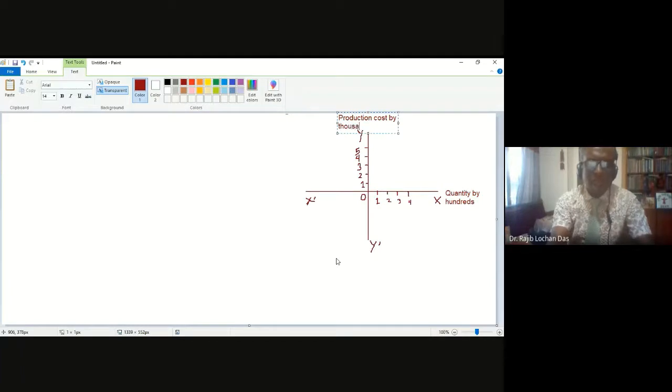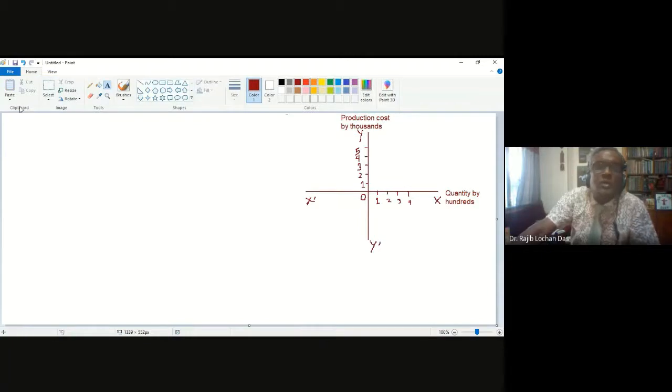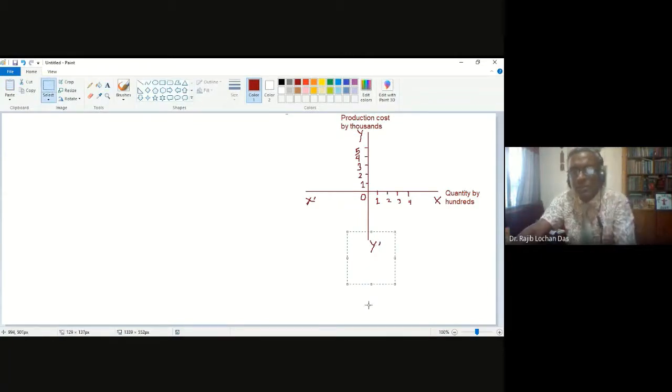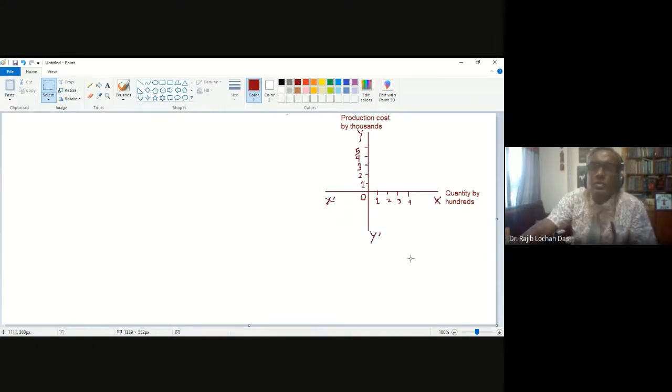So the y-axis is production cost, and it is given by 1000. So in this case, if you see 1 means 1000. If you see 2, that means 2000. If you see 3, that means 3000. That is y, and x will be 100. Is that okay? Do you understand my situation here?